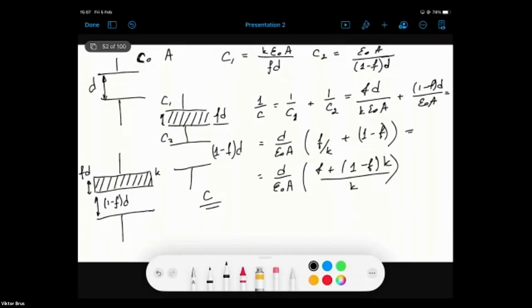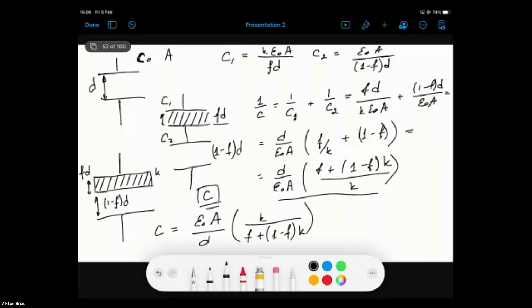So we can now write the expression for the capacitance. This is the equivalent capacitance. It will be 1 over this expression. So C is equal to epsilon 0 A divided by D times K divided by F plus 1 minus F times K. Okay, so now we have this expression. What else can we do?